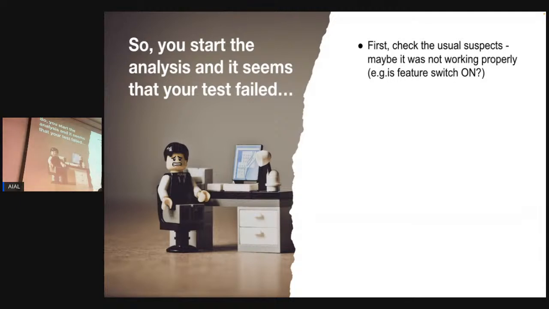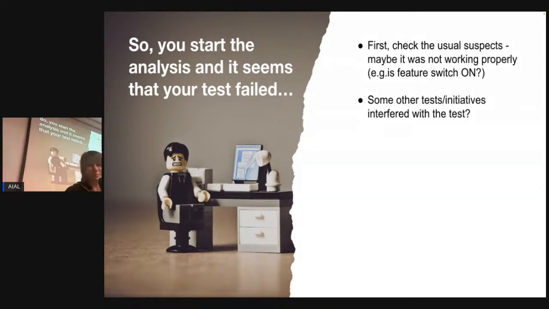Maybe there was something wrong with the test, you know, like the first stage is denial. Maybe we didn't turn the feature switch on for the test, or maybe there was some interference, like maybe another team launched a test which interfered with this, or maybe some marketing campaign. You know, something must have happened.